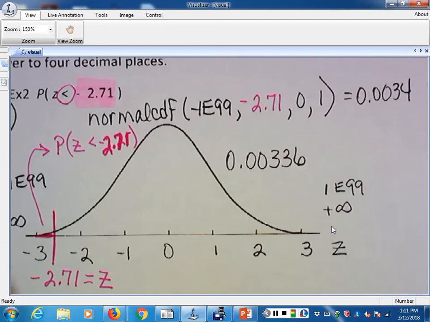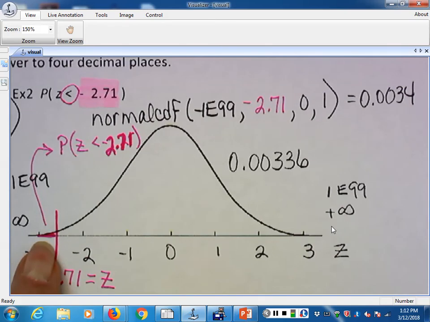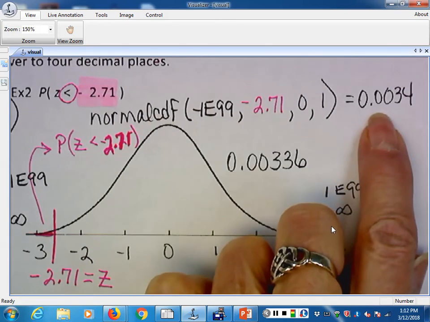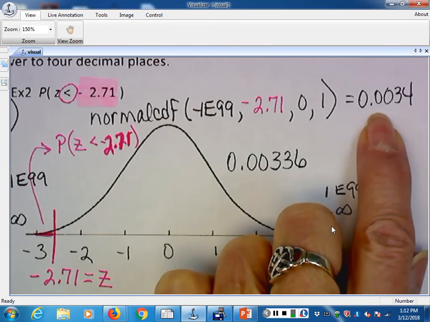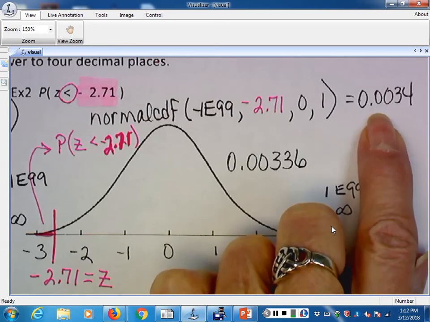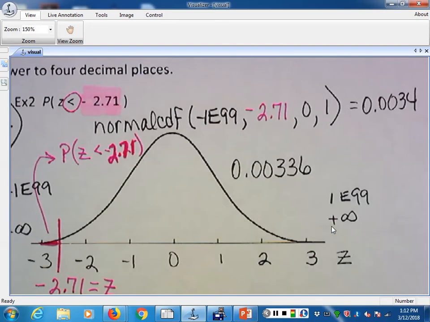And that's a very, very small probability. Okay? Very, very tiny area. So what your picture shows you should be backed up by what your calculator tells you. And if it doesn't, you missed something somewhere. Okay? So be sure to go back and figure out what you were doing wrong.